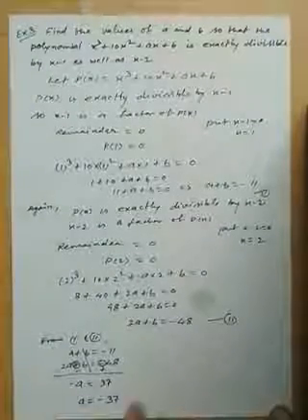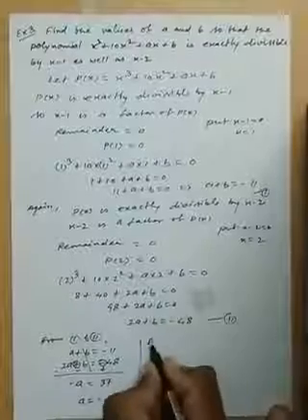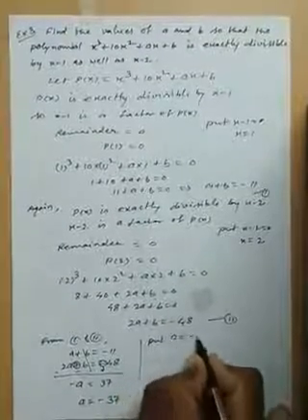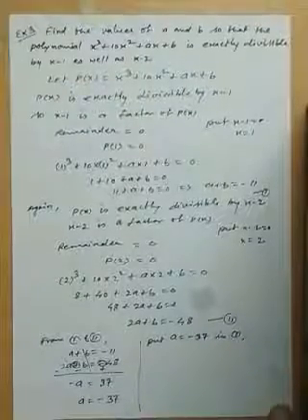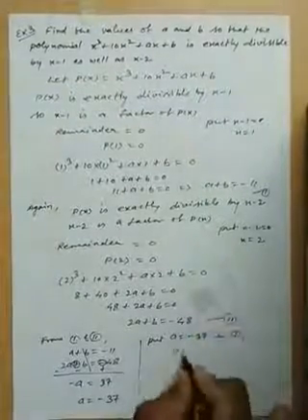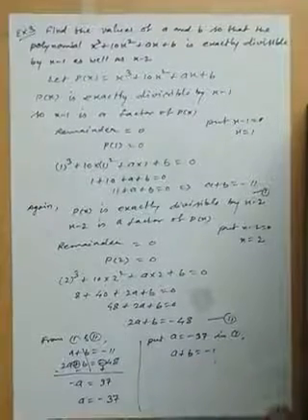And again put a equal to minus 37 in any equation. So put in equation first. Equation first is a plus b equal to minus 11.